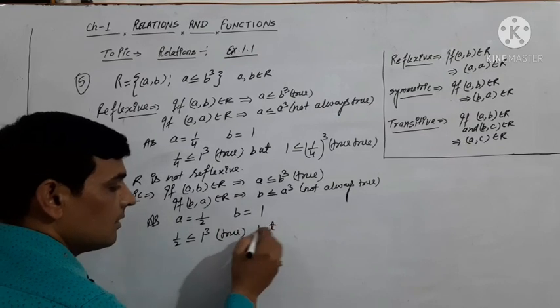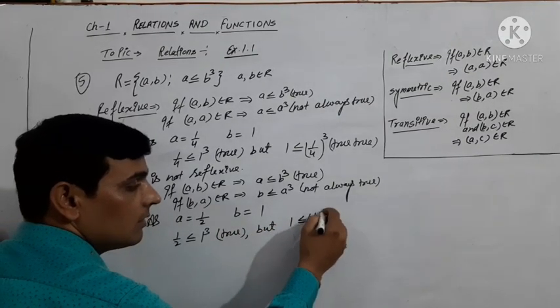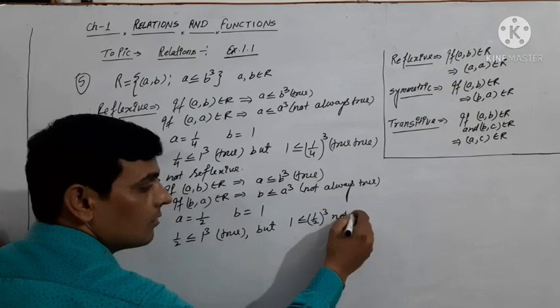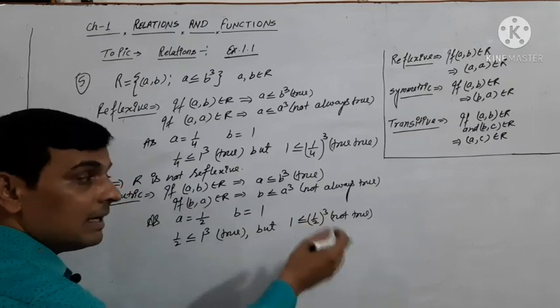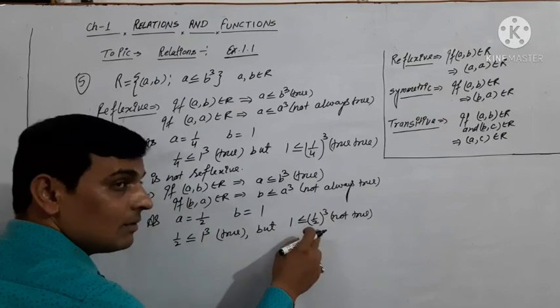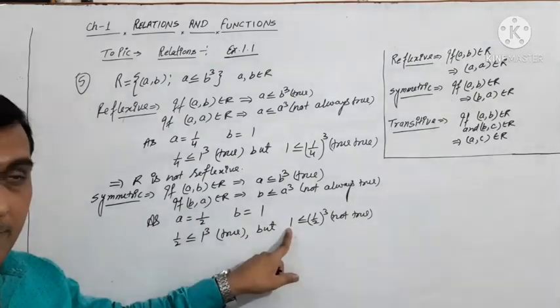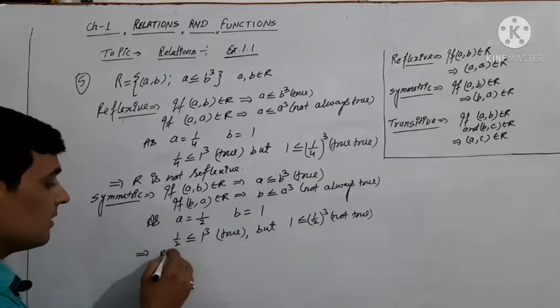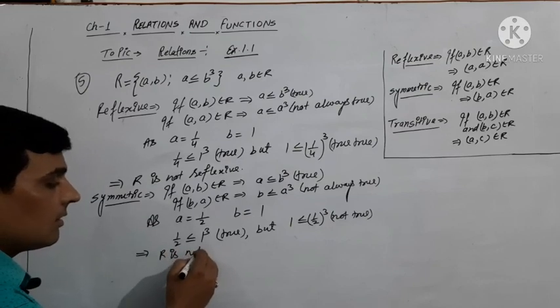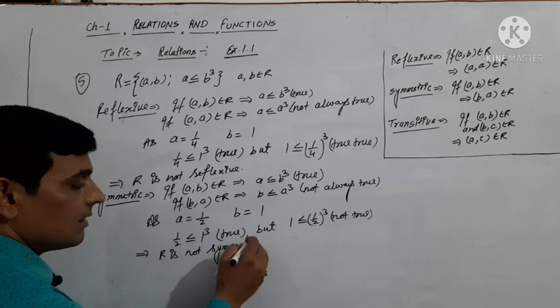But 1 less than or equal to (1 by 2) cube, this is not true, as (1 by 2) cube will be 1 by 8 and 1 is not less than or equal to 1 by 8. 1 by 8 is less than 1. So this is not true. This implies that R is not a symmetric relation.